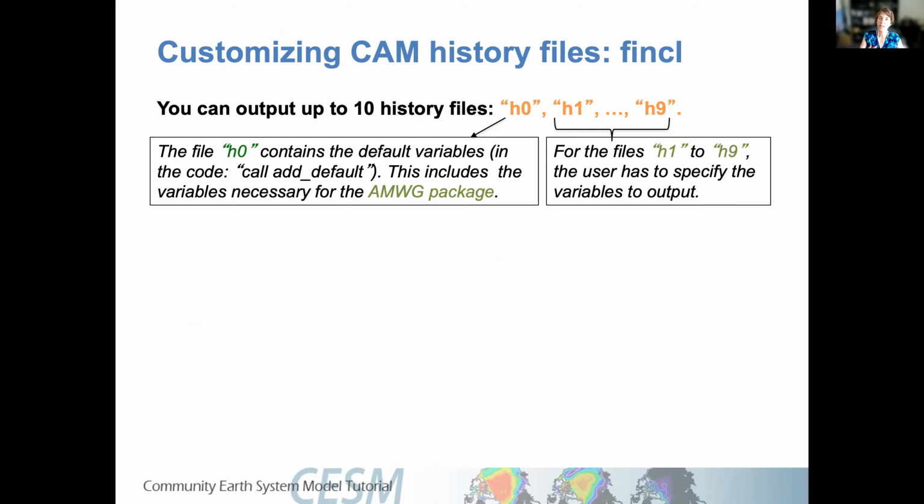Now, by default, you have one file called H0, but you can have up to 10 history files that will be called H0 to H9. H0 contains all the default variables that are necessary for the atmospheric working group package that Adam showed you yesterday how to run.